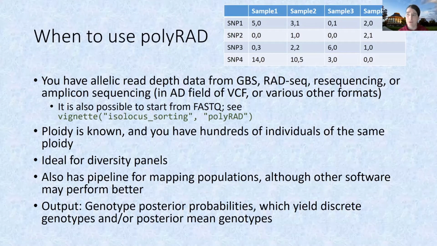polyRAD also supports multi-allelic loci. Here I'm just showing biallelic SNPs, but you could have more of a haplotype-based locus with multiple alleles. But you need to know the read depth of each allele in each sample. Now, if you are starting with FastQ, there's an option installed with polyRAD.